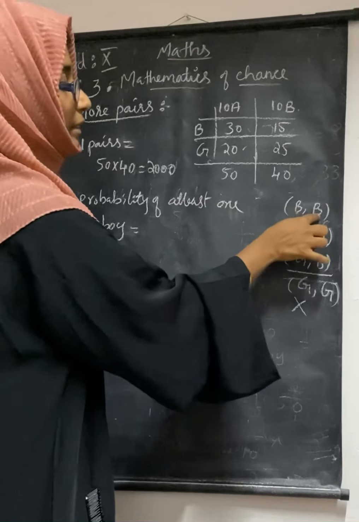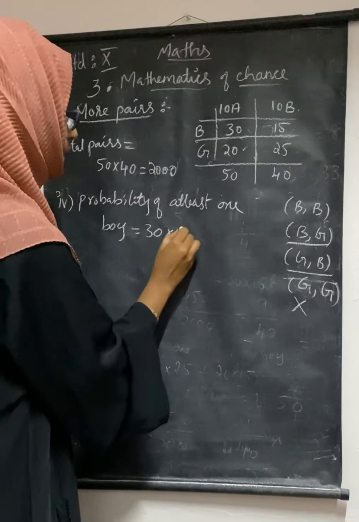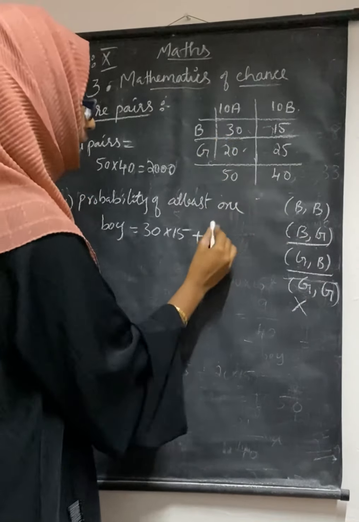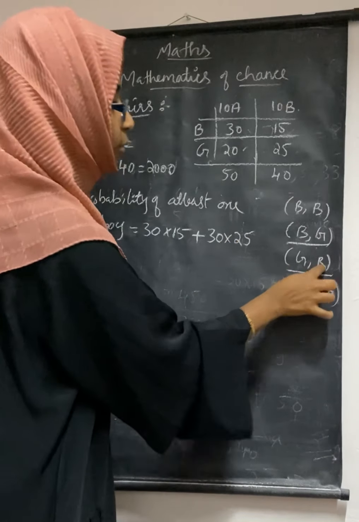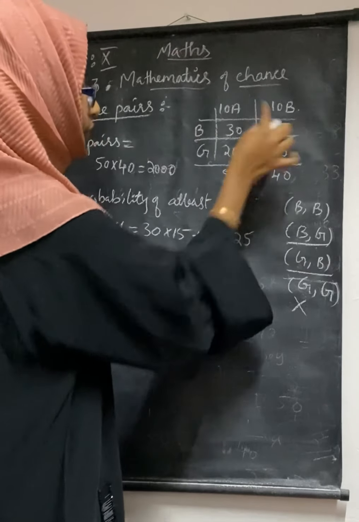So 10th A, 10th B. Boy, boy: 30 into 15, plus boy, girl: 30 into 25, plus girl, boy: 20 into 15.